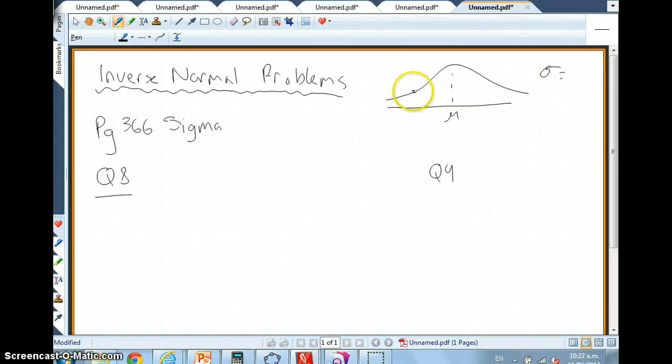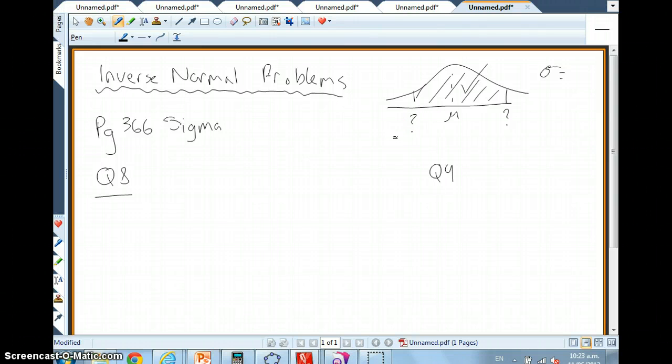In fact, you've actually been asked to work out an area, which translates into a probability. In inverse normal problems, we get given the area or the probability, and we get asked to work out the limits. So we're undoing the problem.